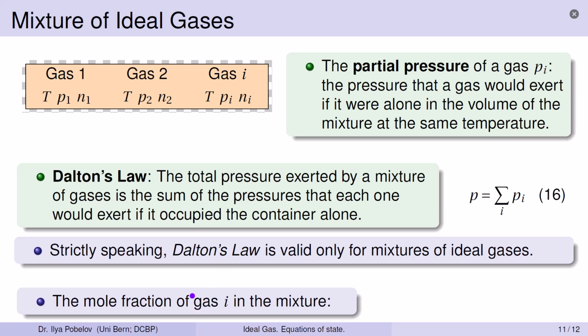The mole fraction of an individual gas i in the mixture, x_i, is, of course, the ratio of the number of moles of a particular gas i to the total number of moles in the gas mixture N. At the same time, it is also equivalent to the ratio of its partial pressure to the total pressure of the mixture. This relation is often used when considering mixtures of ideal gases.